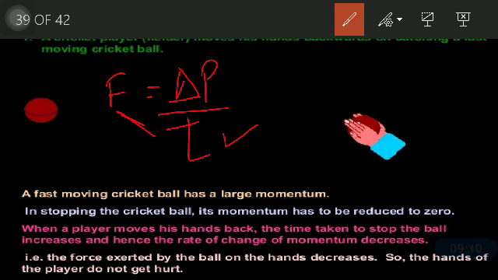And why? Because force is inversely proportional to time and it is directly proportional to momentum. So time taken increases, force decreases, and that is how catching a ball does not hurt the player that much as it can if he stops the ball immediately.